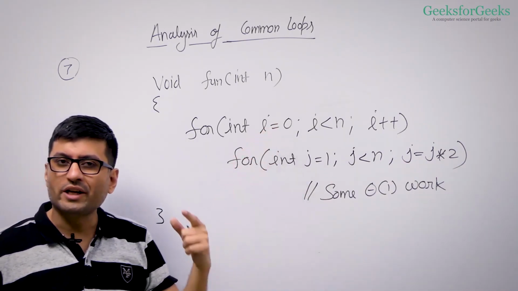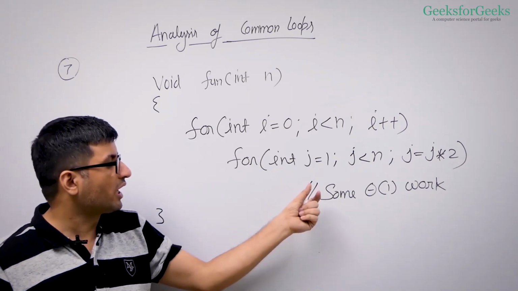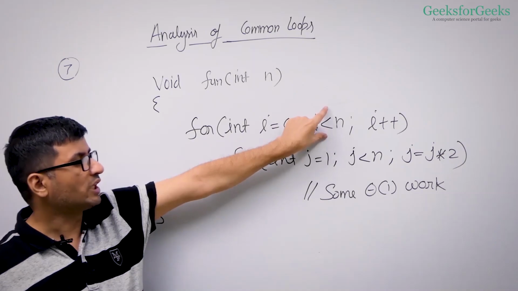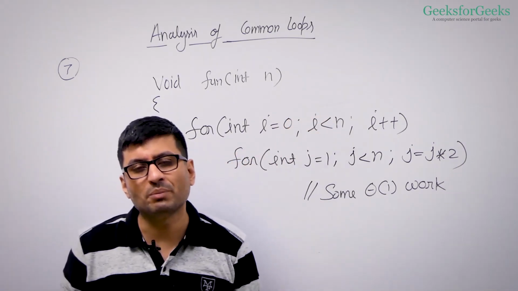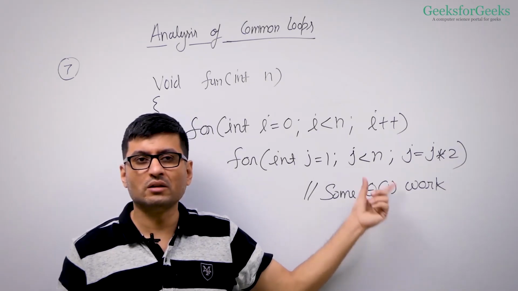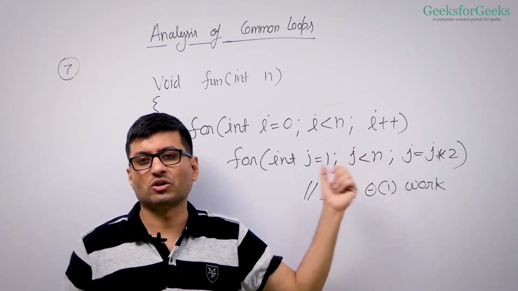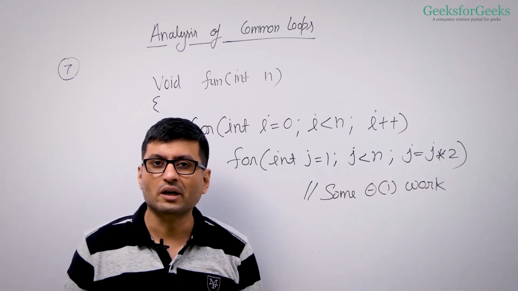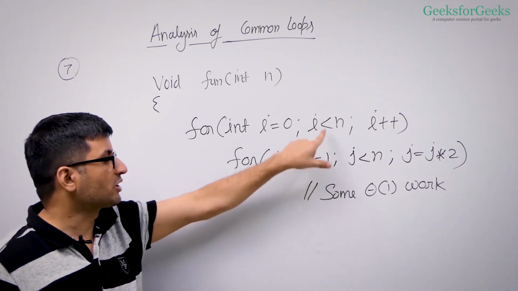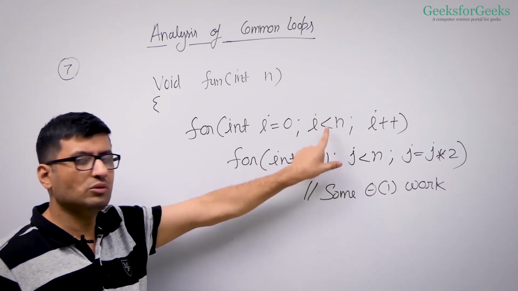When you talk about nested loops, you simply multiply the number of times this loop runs and the number of times that loop runs. The reason is simple. You have an expression which is going to run multiplication times. So the time taken by this function is going to grow equal to the multiplication of the order of growth of these two loops.